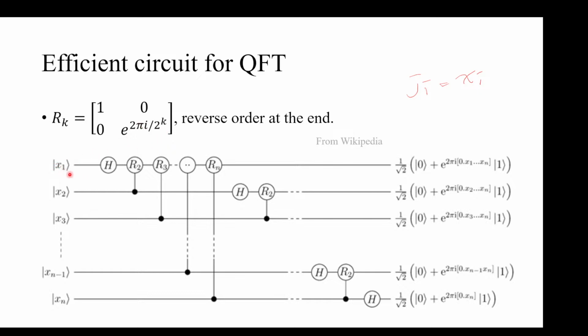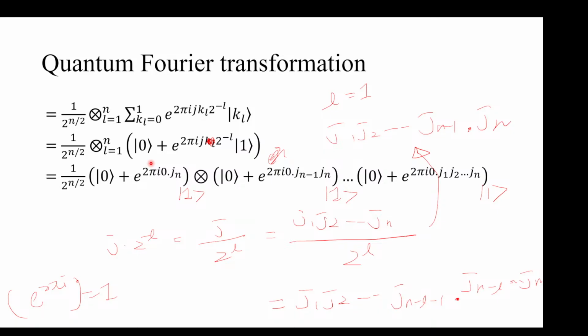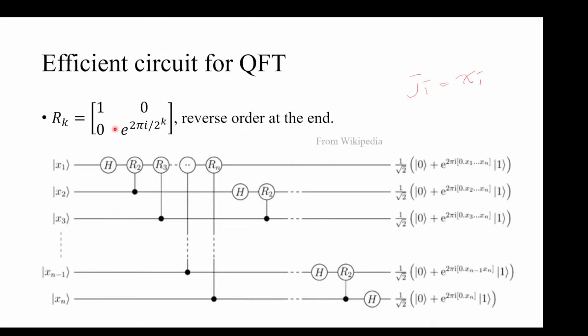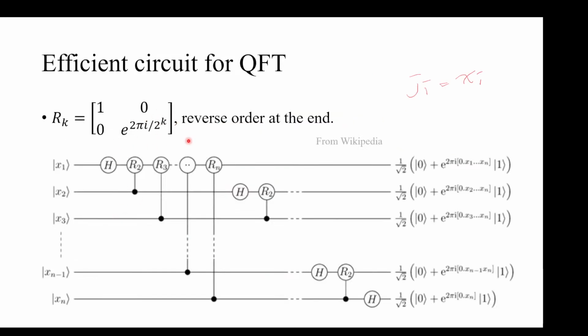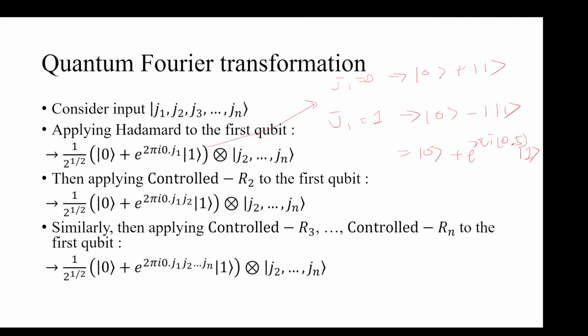Because that's Rk, Rk says on the 0 component you do nothing, so the 0 component still has no phase, and the 1 component gets this extra phase of e to the 2 pi i over 2 to the k.